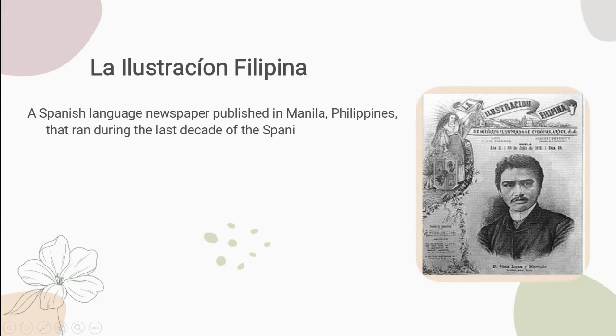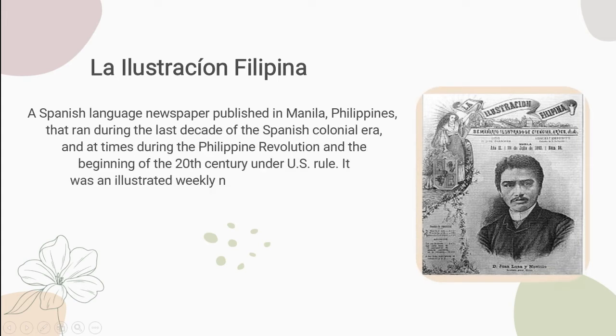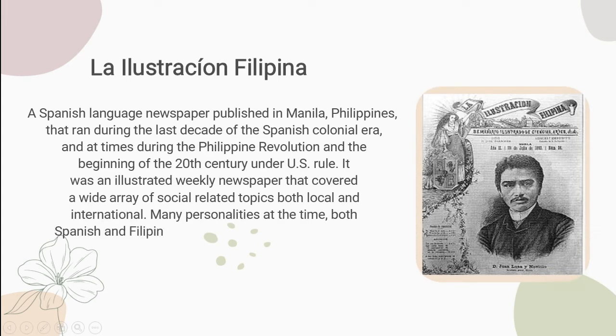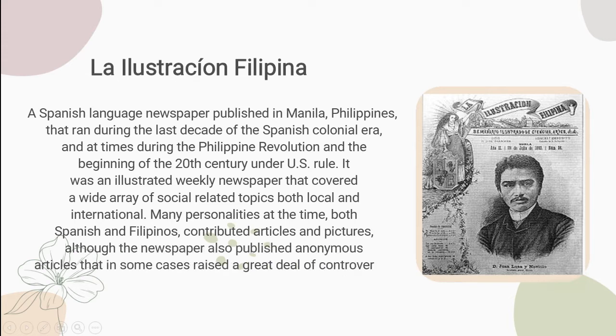But of course, the Philippines also boasts its fair share of great illustrated literary works. One of the oldest being La Ilustración Filipina, a Spanish-language newspaper published in Manila, Philippines, that ran during the last decade of the Spanish colonial era, and at times during the Philippine Revolution and the beginning of the 20th century under U.S. rule.